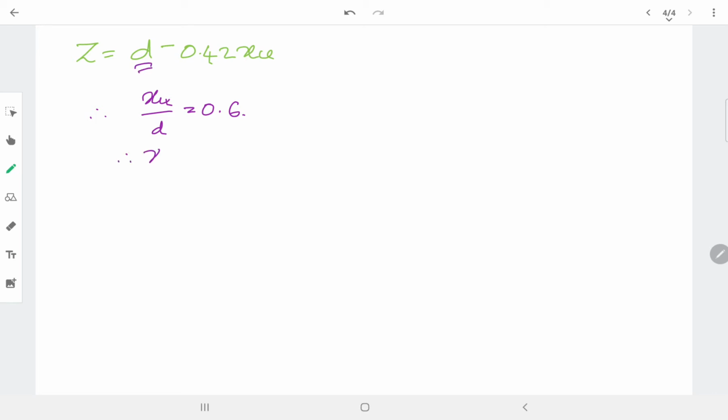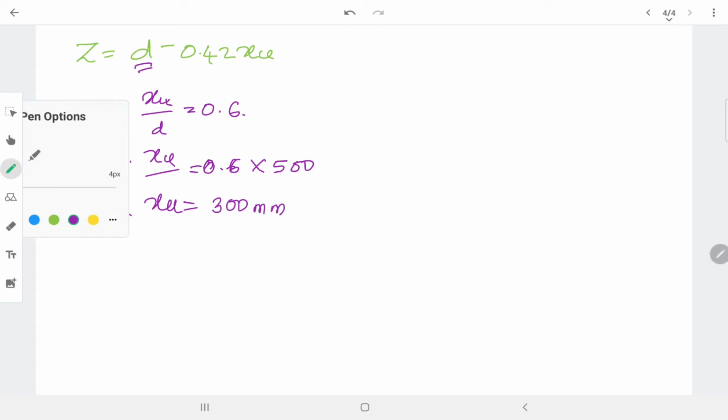XU by d is equal to 0.6, so cross multiplying, XU is equal to 0.6 into d, which is 0.6 into 500. To calculate the value of Z we must know the value of XU also. So XU is equal to 300 mm, which we have already calculated.